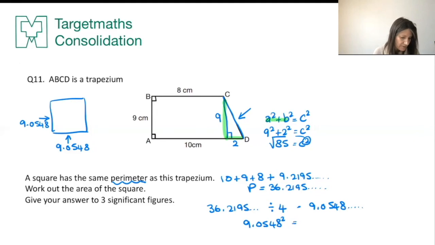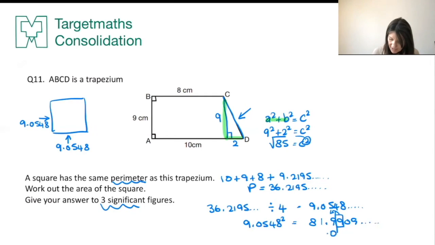Okay, so once you've squared that, you would get 81.9909 on and on it goes. Check what they want, 3 sig fig. So 1, 2, 3, putting the cut there. Okay, 9 is big enough for us to be adding 1. When I add 1 to 9, I obviously get 10.